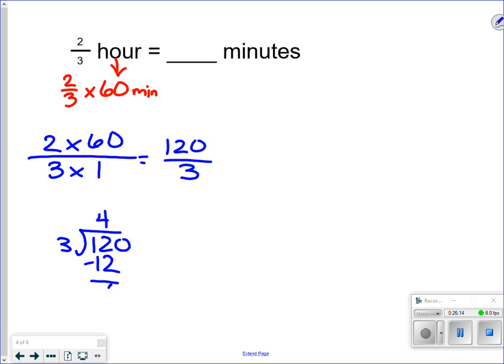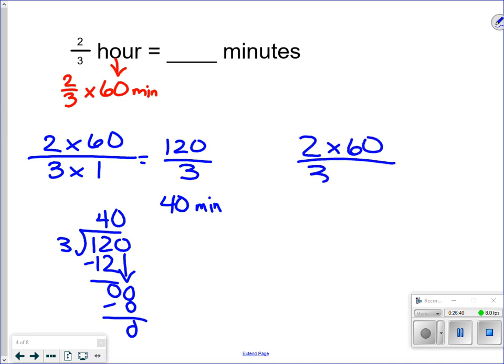I cannot ignore that 0. How many times can 3 go into 0? 0. So your answer is 40 minutes. Every number in the house gets a number on the roof. I'm not worried about that front one anymore. I really only worry about that when we're doing decimals.